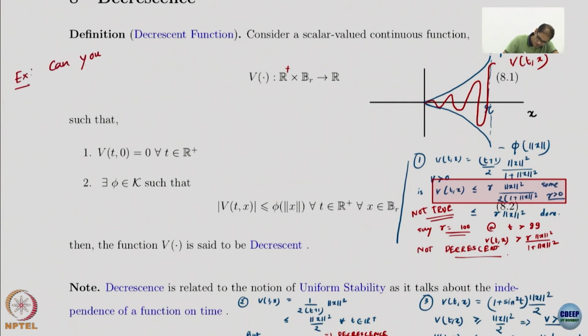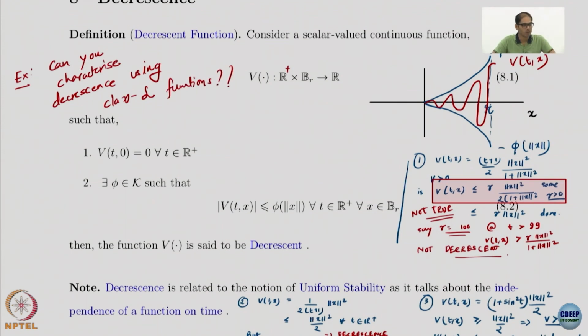Can you characterize decrescence using class L functions?